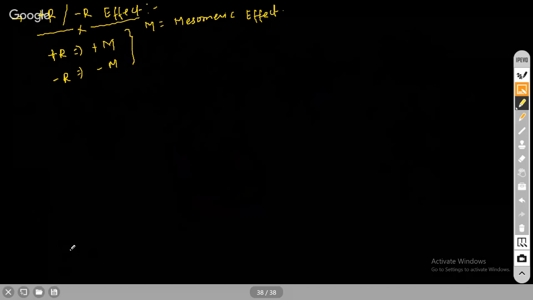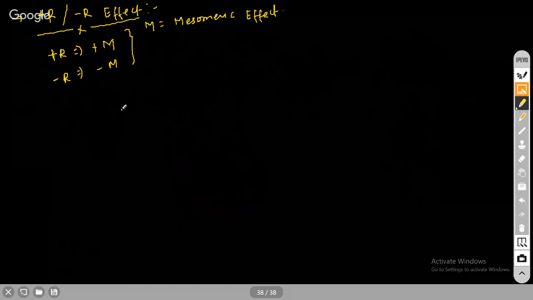That's why pi electrons always shift from one point to another, or one carbon to another carbon. So here pi bond, pi electrons are involved, and there sigma electrons are involved. That's the difference between these two. That one is distance dependent, this one is not distance dependent. Okay.